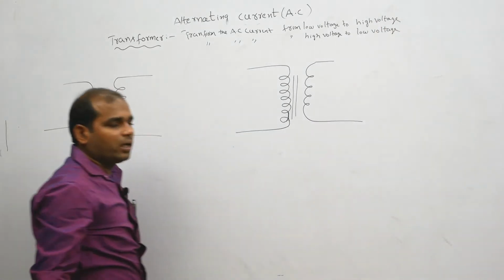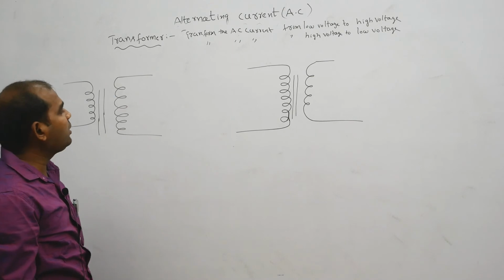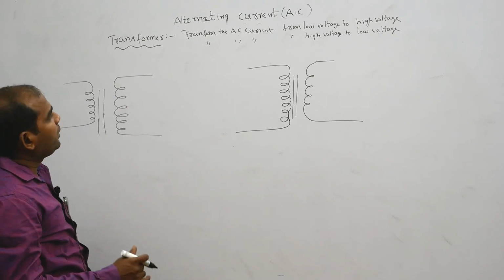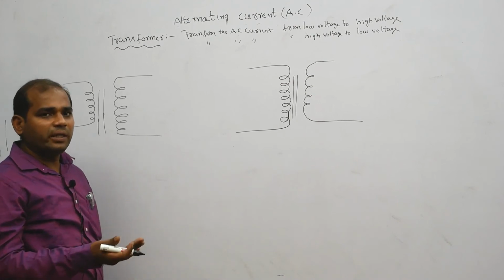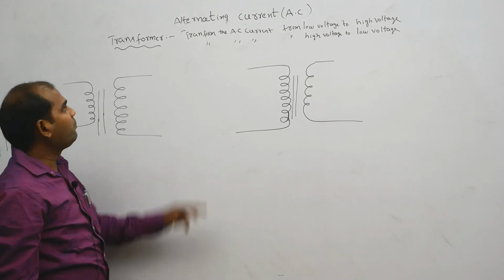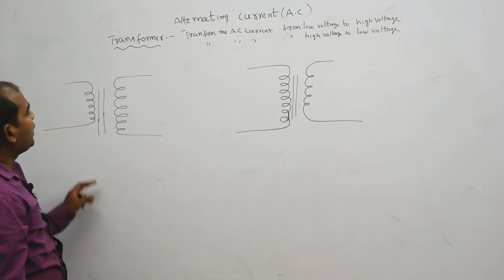So this is called a transformer, right? This way it was named a transformer. It means that the voltage of the AC current can be increased or decreased by using this transformer. So let's see how it works.